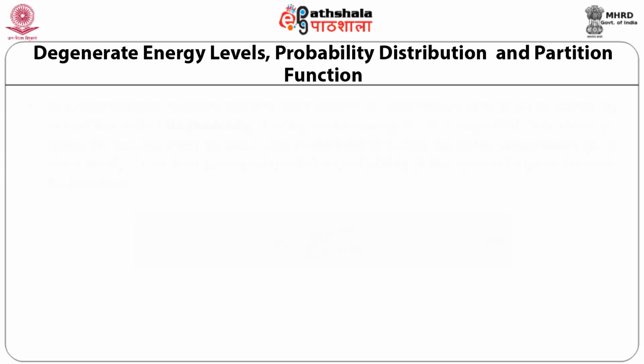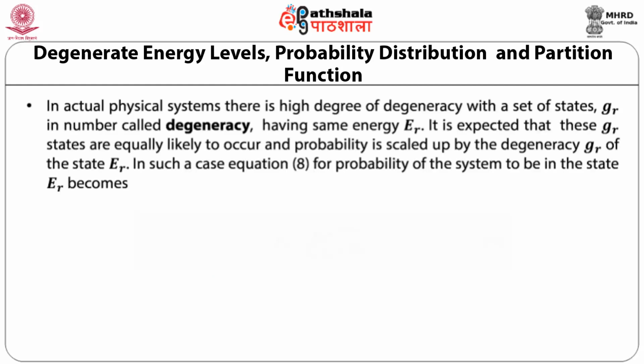Degenerate energy levels, probability distribution, and partition function. In actual physical systems, there is a high degree of degeneracy, with a set of states g_r, a number called degeneracy, having the same energy E_r. It is expected that these g_r states are equally likely to occur, and the probability is scaled up by the degeneracy g_r of the state E_r.